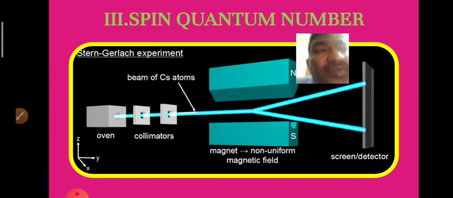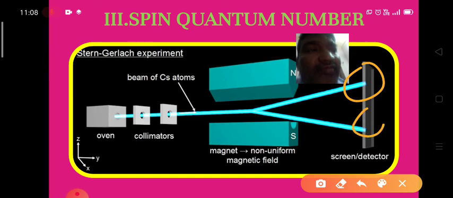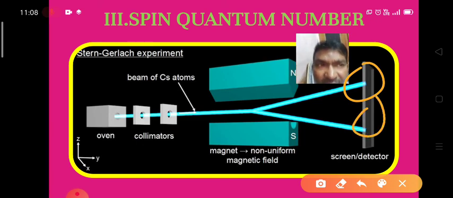In the presence of this magnetic field, the neutral silver atoms split into two rays and touch the photographic plate at two different places, here and here. By this experiment the idea of spin was obtained, and the spin quantum number was introduced.